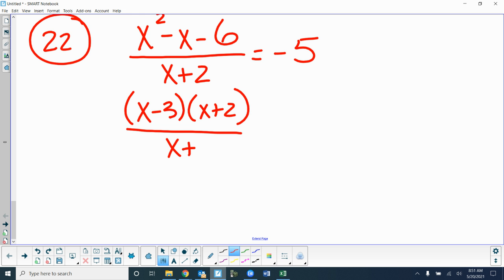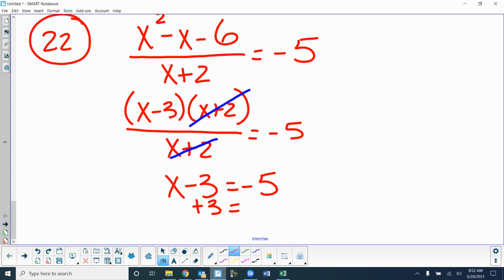So, what goes on with those two? X plus 2's? Cancel. So here's my problem now, my equation. So what's X equal? 2 is right, -2, right? Now, what do we ought to make sure of when we have a problem like this?